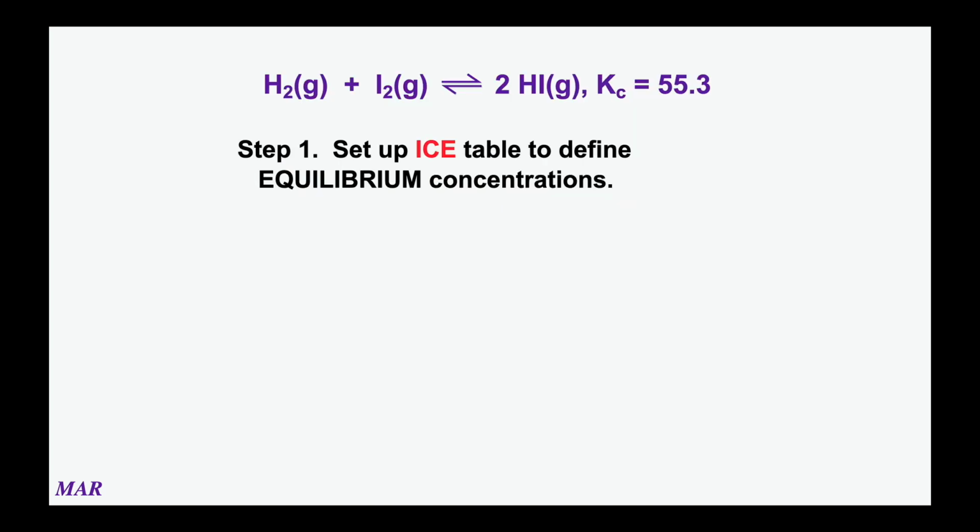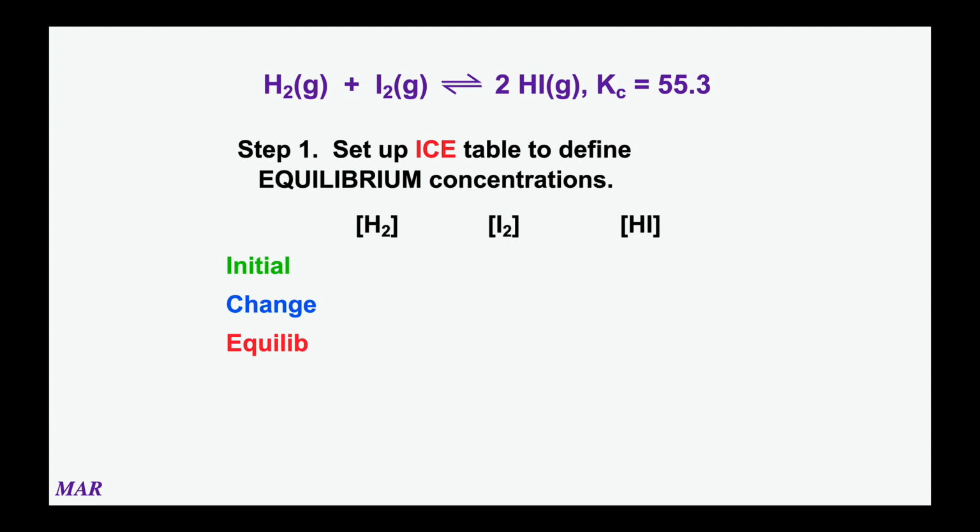So to solve a problem like this, set up the ICE table once again. And remember, ICE tables will be reactants on the left, products on the right. ICE stands for initial, change, equilibrium. So for this reaction, here's what I have set up, H2 and I2, and then HI on the other side. Now remember that H2 and I2, the reactants, are going to have a different change sign than HI.